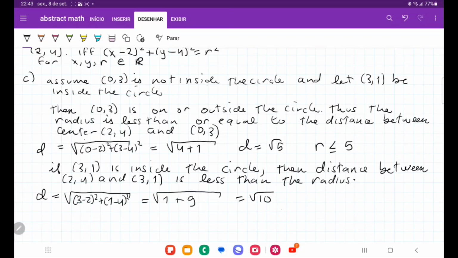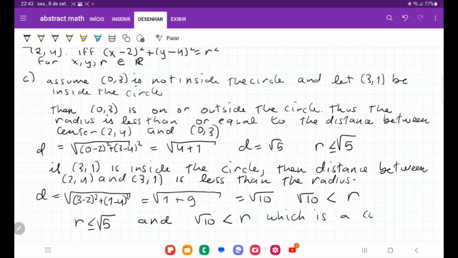And so what we mean here is that the distance is less than the radius, so that we have, therefore, that root 10 is less than the radius. So we have that the radius is less than or equal to root 5, and root 10 is going to be less than the radius, which is a contradiction.